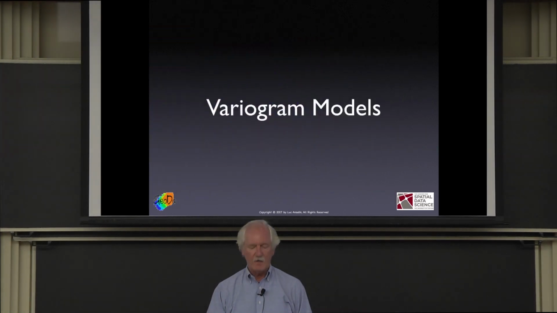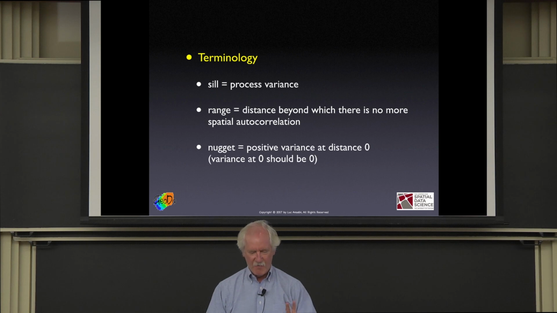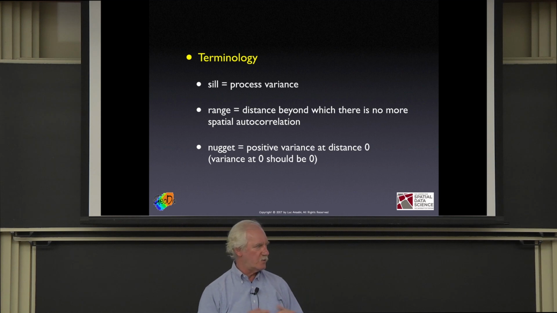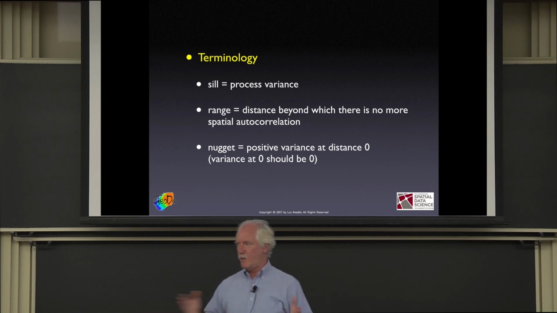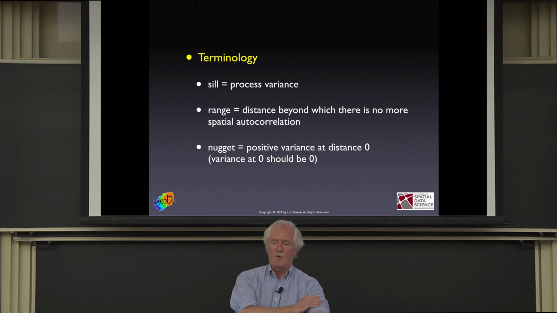Okay, what is the end of all of this is a model. In 2 minutes, everything you ever wanted to know about variogram models. Some strange terminology. We also saw the notion of a range. Range is basically the distance beyond which spatial autocorrelation doesn't matter anymore.